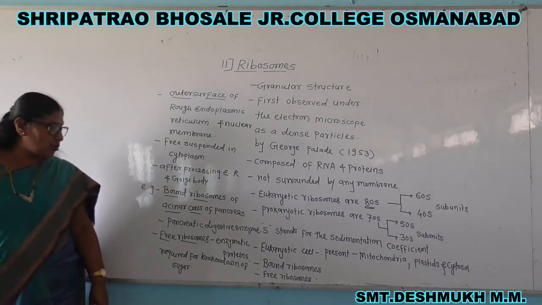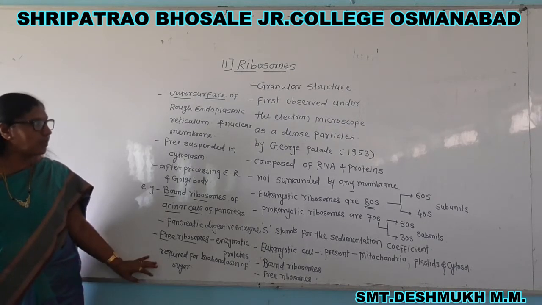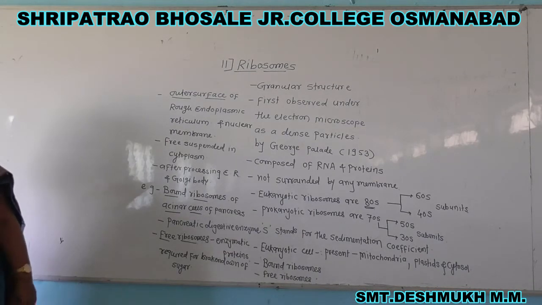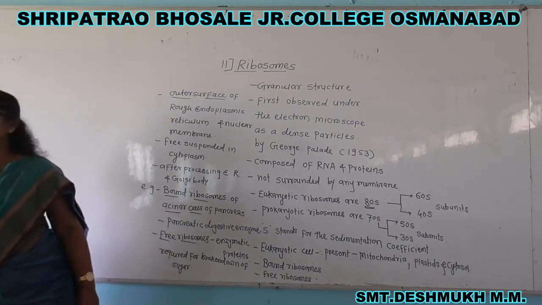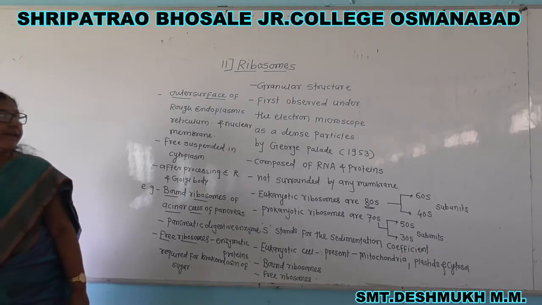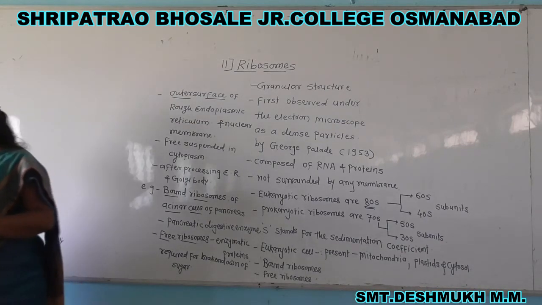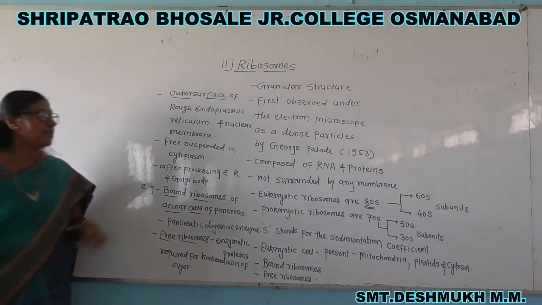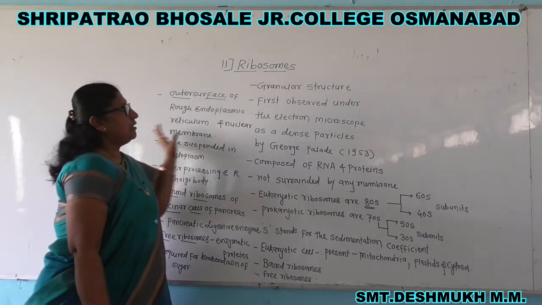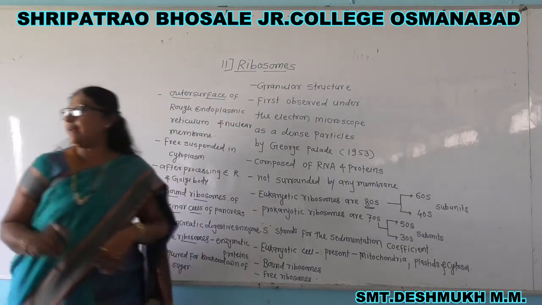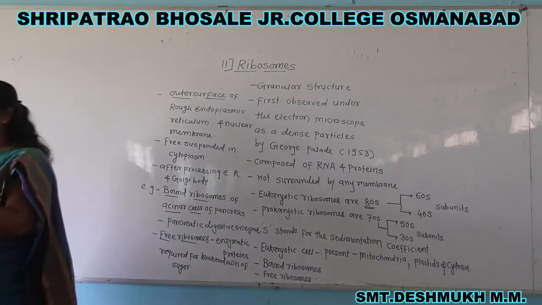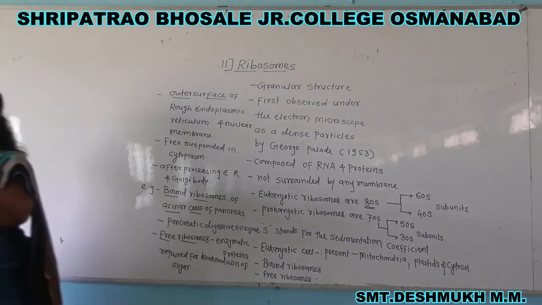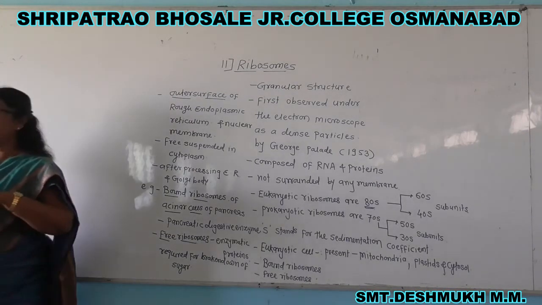The number of ribosomes is high in cells actively engaged in protein synthesis. This is about the ribosomes. Then the second cell organelle is the nucleus.